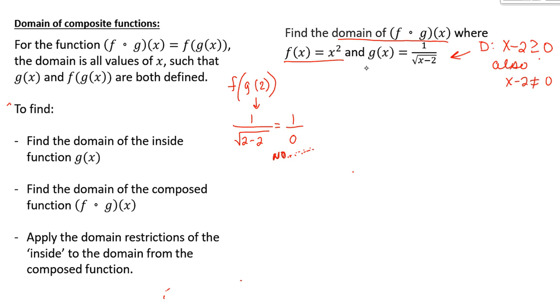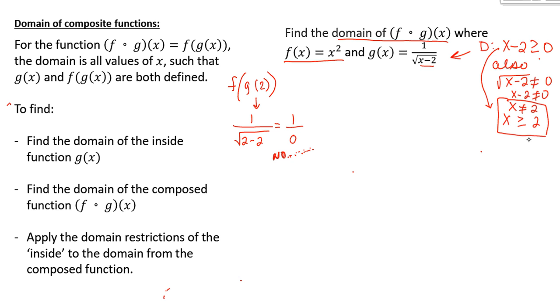X minus 2 has to be greater than or equal to 0 so that we don't get a negative underneath. Also, this square root of x minus 2 cannot equal 0. So, looking at this one, that says x has to be greater than or equal to 2. This one right here, x minus 2 cannot equal 0, so x cannot equal 2, solving that one.